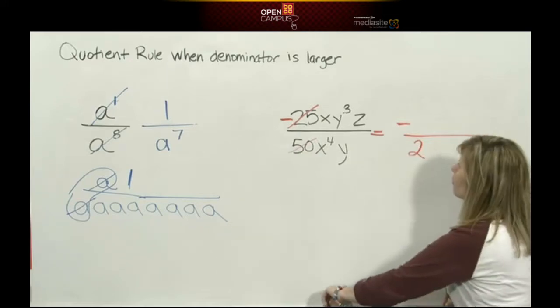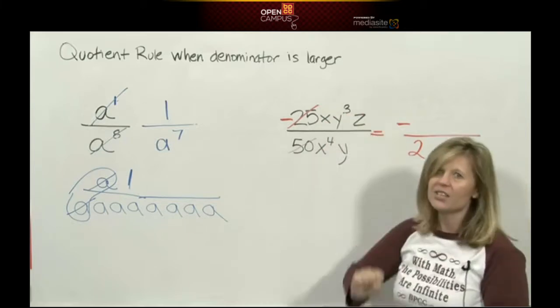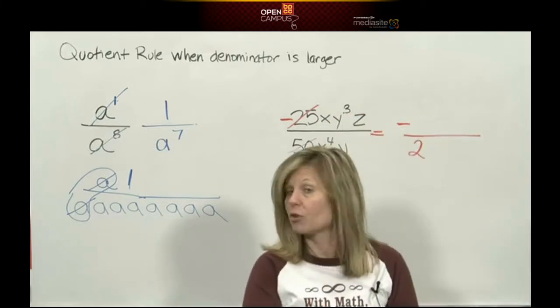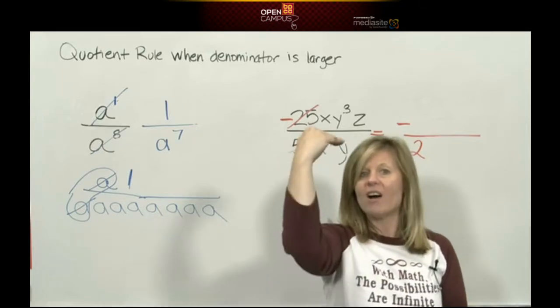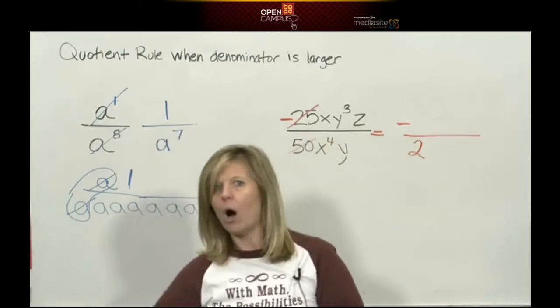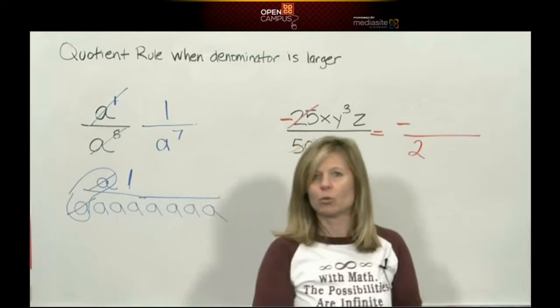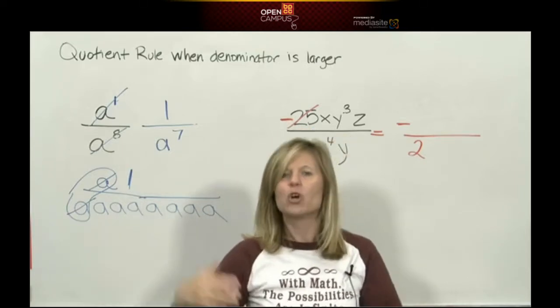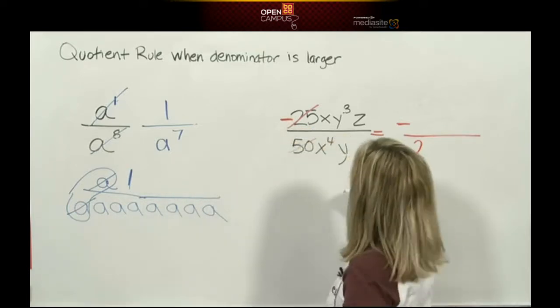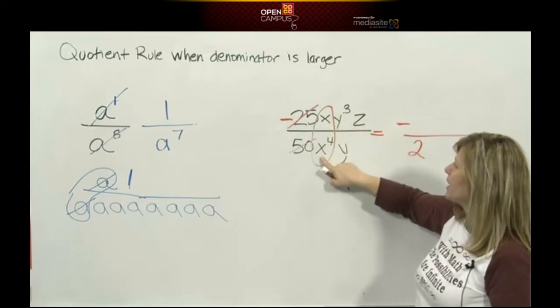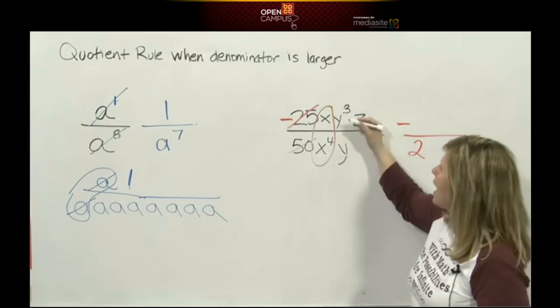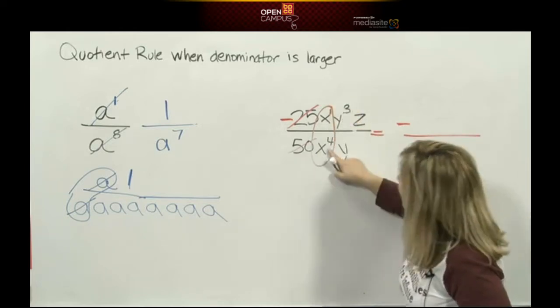Now we're going to take care of our variables. None of these variables are like terms. They're not identical, but they do have the same base. We could divide an x with an x and a y with a y and a z with a z, because the rule is when we divide variables, we subtract exponents. So here we go. I want to divide x with x to the 4th. So what are my exponents? There are 1 and a 4.